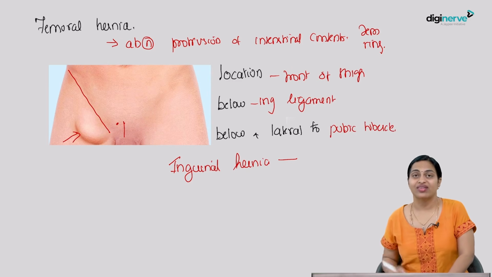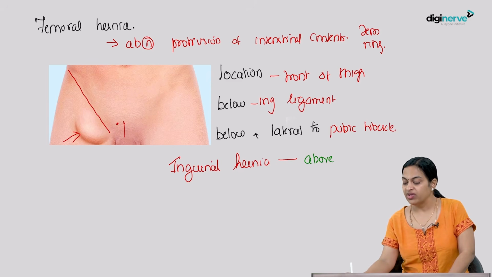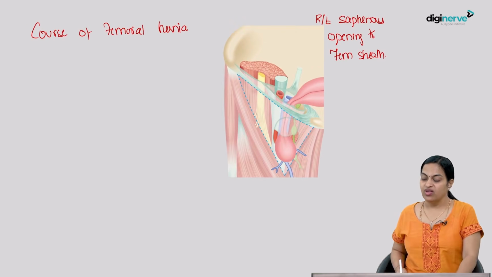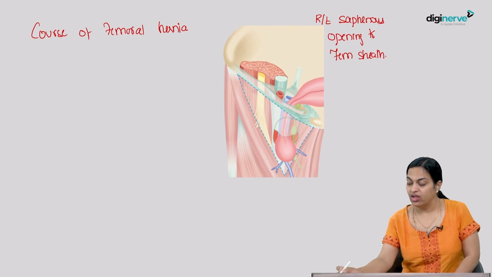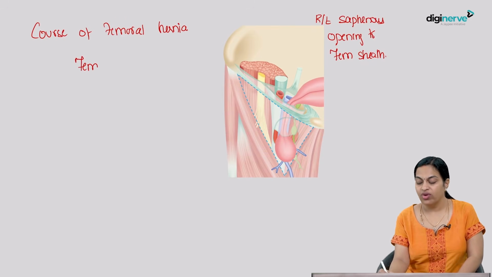If in case it is an inguinal hernia, please remember it is going to be situated above the inguinal ligament, right, above the pubic tubercle. So the cause of the femoral hernia: we saw that the intestinal contents herniate into the femoral ring, right? And they pass downwards into the femoral canal.